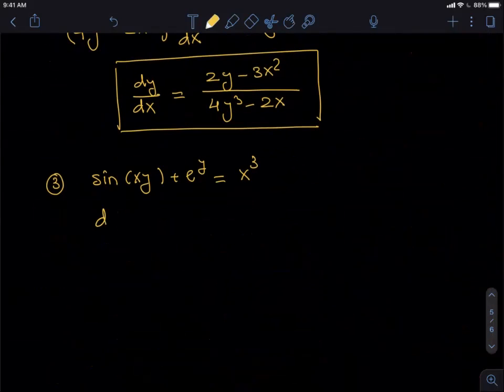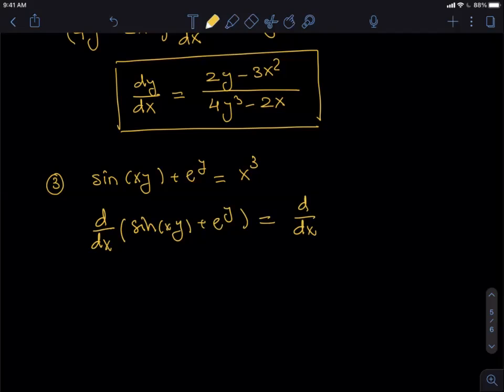again, we need to take d/dx of sine of xy plus e to the power y equals d/dx of x to the power 3, which is 3x squared. This one we can do right away. And here we have the sine. So the derivative of the sine of xy by the chain rule is the cosine of xy times the derivative of what is inside. Let's do it in 2 steps.